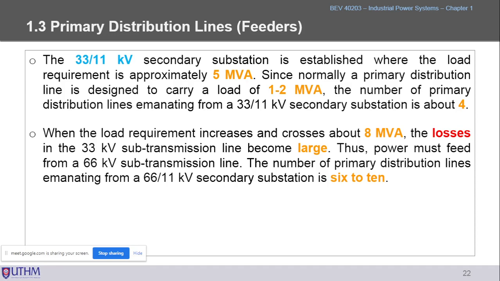Later on we will see, if we get our power from 33 kV or 11 kV, how much is our maximum loading we can go. If more than that, we have to upgrade our kV, and we require TMB persons to upgrade it.